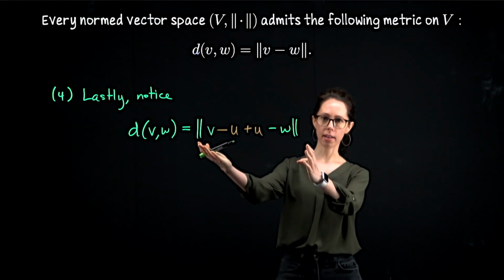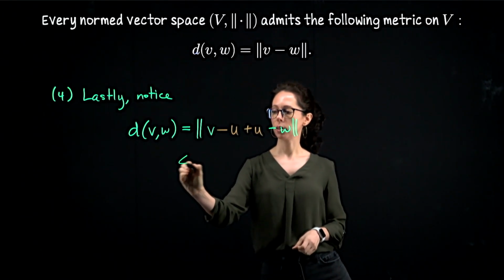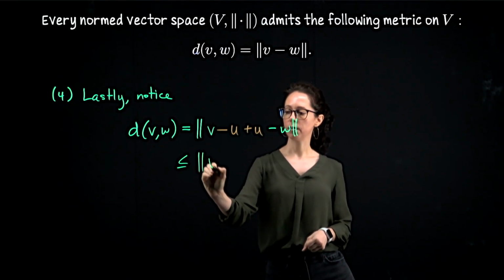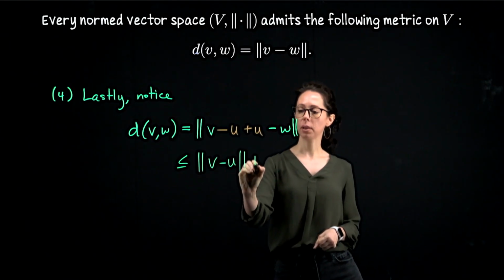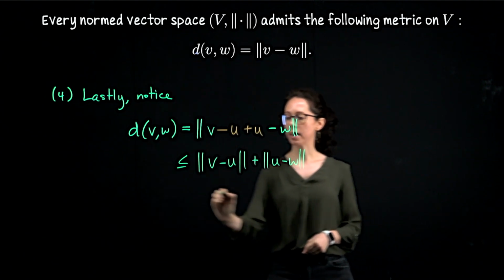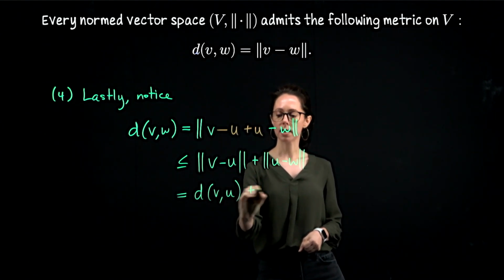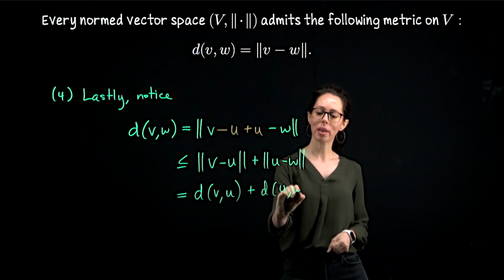The norm has the triangle inequality. That was the fourth property that we covered for norms. So this is less than or equal to the norm of V minus U plus the norm of U minus W. But now that is the distance from V to U plus the distance from U to W, and that wraps it up.